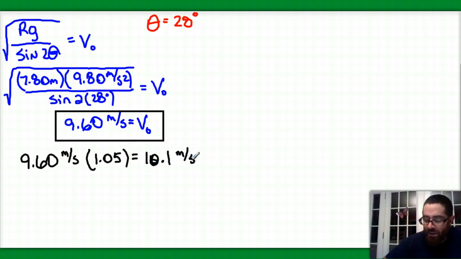And so now ultimately what I'm answering is what's going to be my range given the same launch angle if I'm jumping 5% faster at 10.1 meters per second.